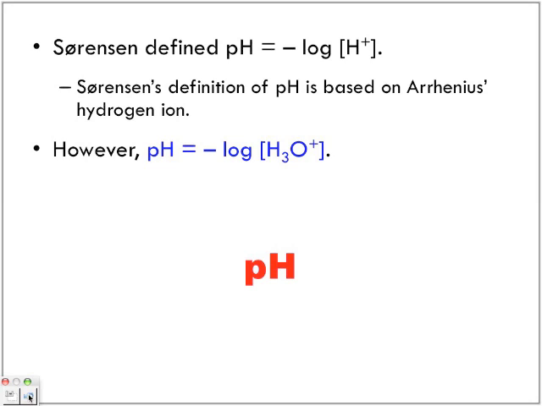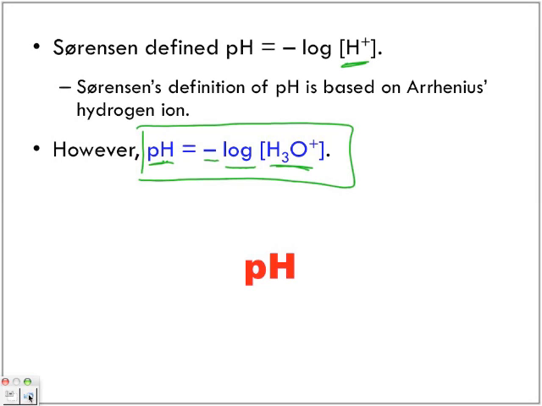Sorensen defined pH as equal to negative log of H positive, the hydrogen proton. Remember Arrhenius, as we talked about at the beginning, was responsible for the theory that the hydrogen dissociated, but he never took into account the fact that there was water. So we're going to rewrite the formula. This is now the formula you need to know: to calculate pH of something, pH is equal to the negative log of the concentration of the hydronium ion.